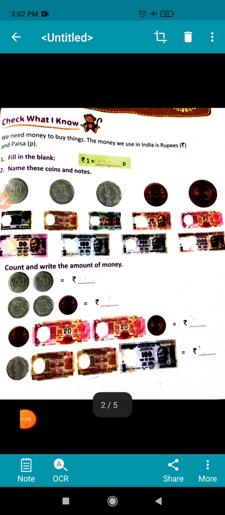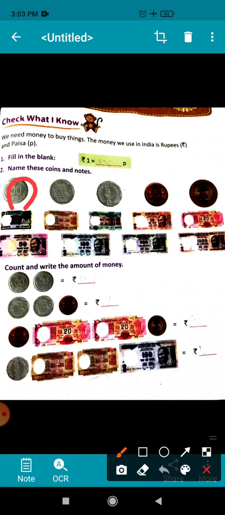Children, here on this page you can see notes and coins. Here you can see a 50 paisa coin. Nowadays we are not using the 50 paisa coin, we are using the 1 rupee coin, 2 rupees coin and 5 rupees coin. Okay, and the rest are notes that you are using.